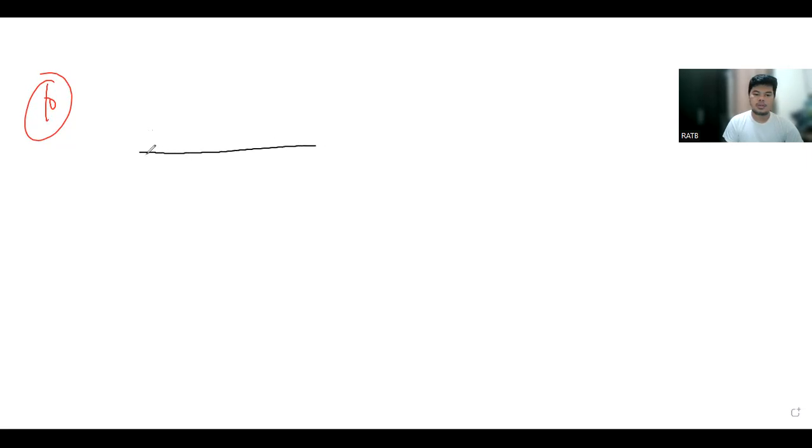This is the metal bar, and it is subjected to a temperature rise of 60, so delta T is equal to 60 degrees Fahrenheit, that's T2 minus T1.